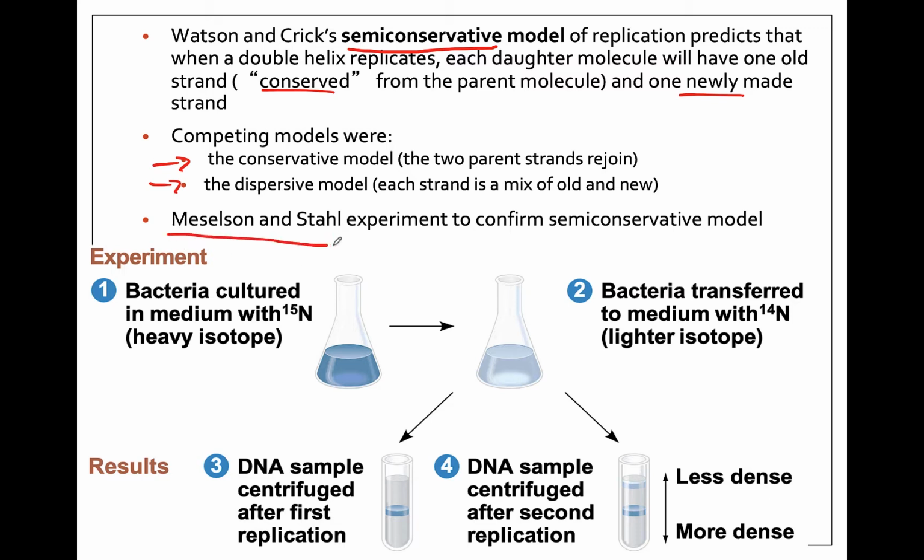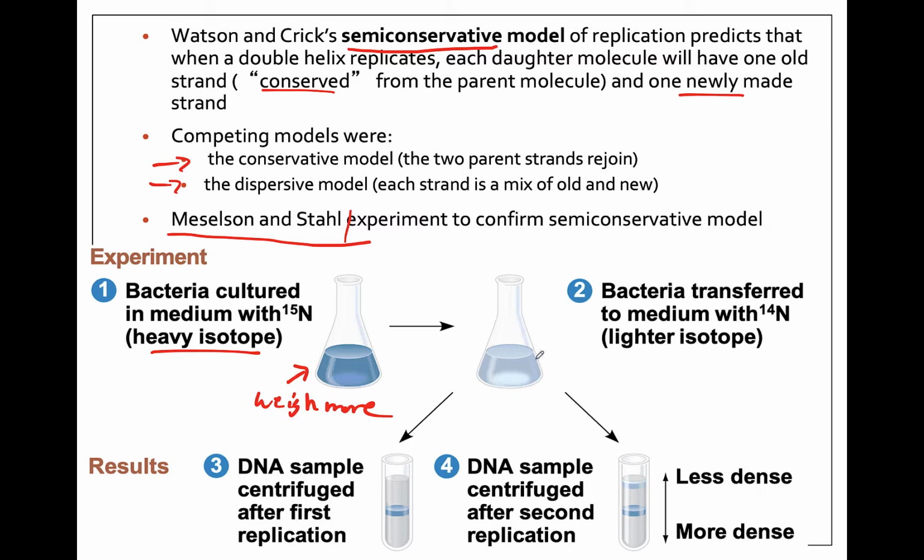So Meselson and Stahl performed an experiment on cultured DNA to show how the DNA was replicating. What they did is in the parent strand, they used a heavy isotope. So this heavy DNA is going to weigh more for the parents.